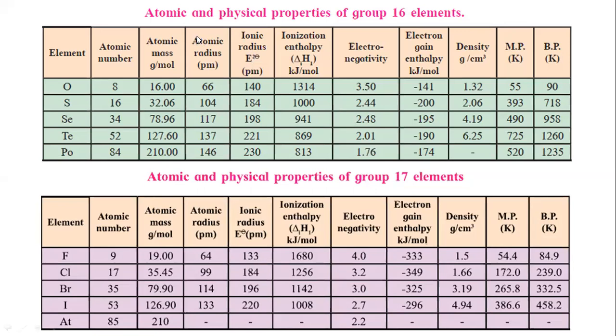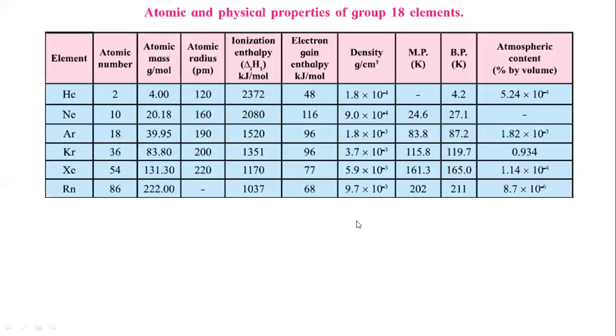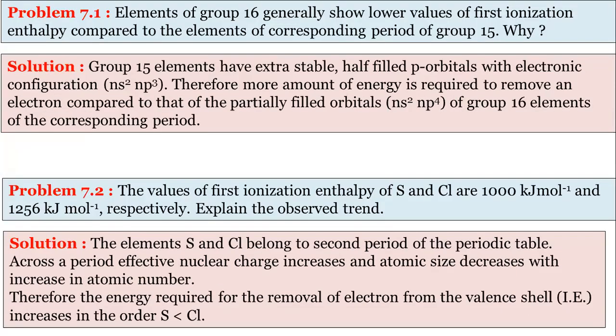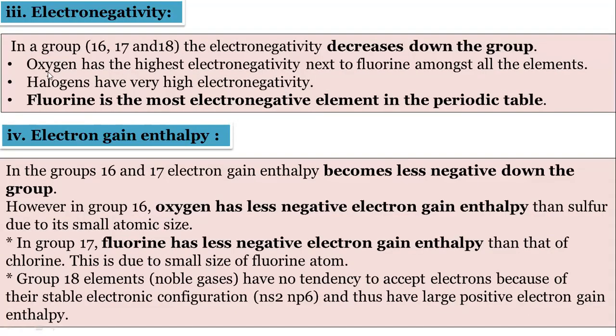In case of the oxygen family, oxygen is more electronegative, and in the halogens, fluorine is more electronegative, and in the nitrogen family, nitrogen is more electronegative. So oxygen has the highest electronegativity in the oxygen family, and in case of halogens, fluorine has the highest electronegativity.